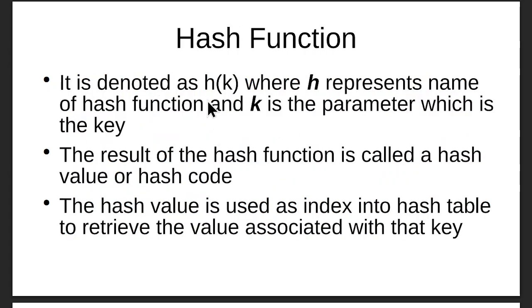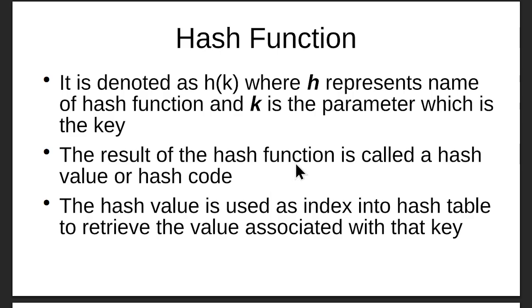So here is the hash function. We generally denote it as h of k. K is the key, and the hash function returns the address, or basically the index where it is located, if we are using an array to store information as a table.